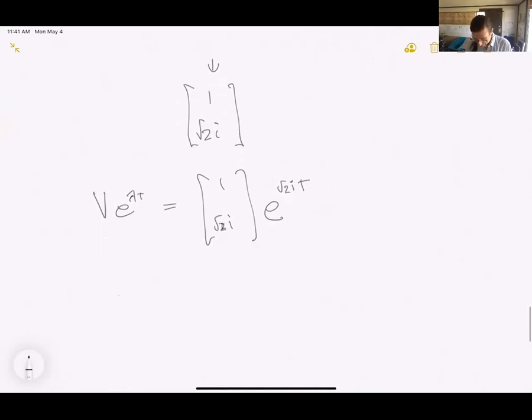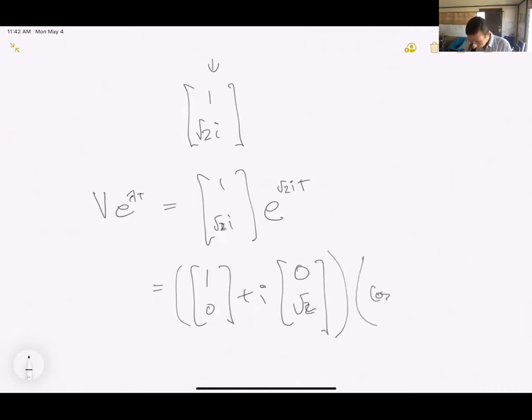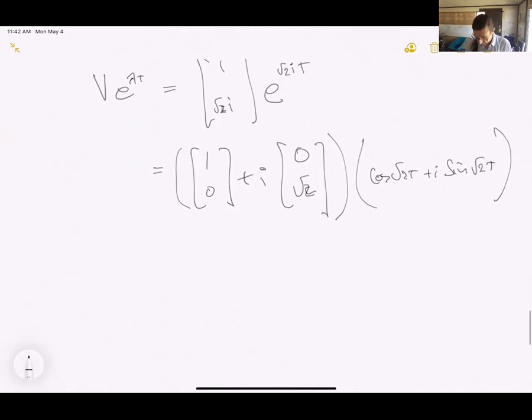Okay, let's keep going. That is (1, 0) plus i times (0, root 2), times cosine of root 2t plus i sine root 2t. There's Euler's formula right there. Let's FOIL that out: first, outside, inside, last.